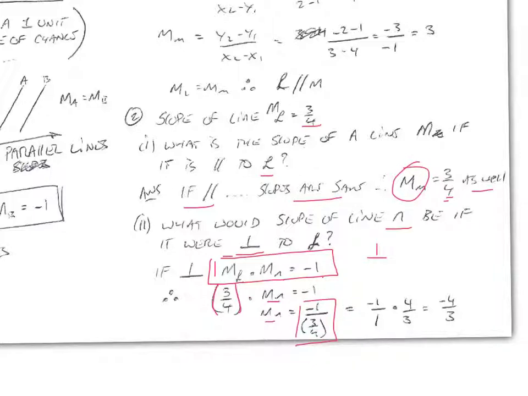And that's the same as minus 1 over 1, just to balance it up, multiplied by 4 over 3, because we invert this, we go from division to multiplication of fractions. And that gives us minus 1 times 4 is minus 4, and 1 times 3 is 3. So the slope of a line N perpendicular to L, whose slope is 3 over 4, would actually be minus 4 over 3.